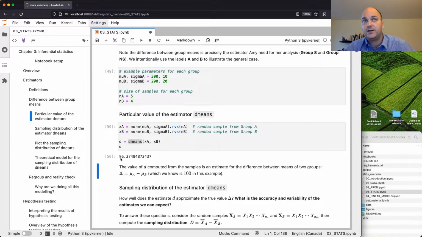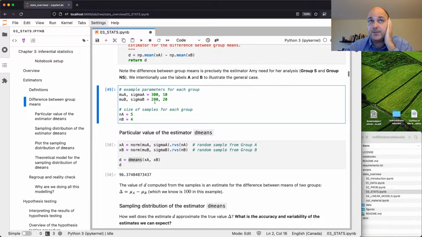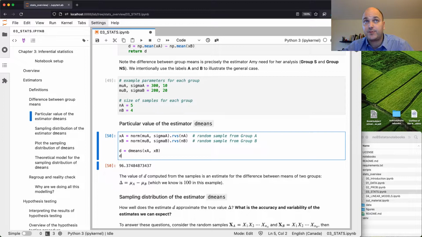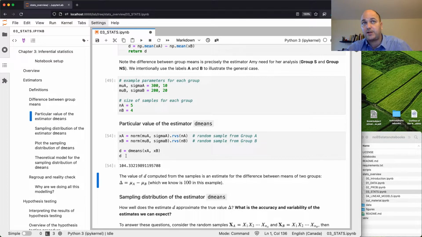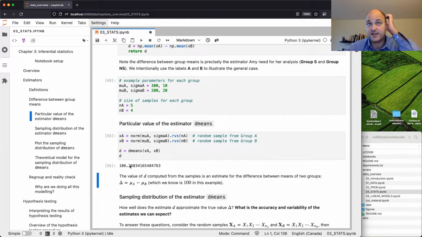The number we obtained, 96, is an estimate for the true difference between populations. In this case, we know that the true difference is 100, but the estimate we obtain from the samples is going to be different. Each time I run this code, I get a different sample, and our estimate computed from that sample varies. It should be 100, but we get 97, a little bit over, a little bit less.